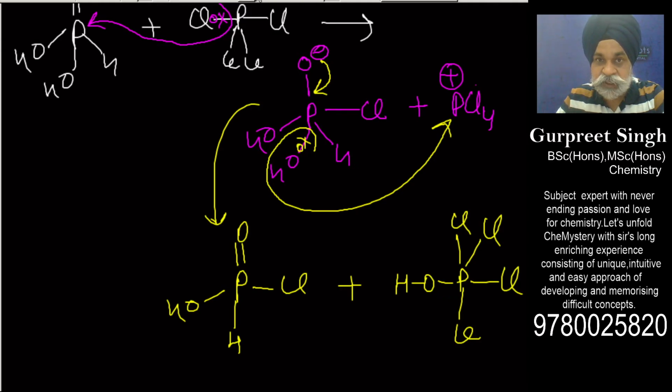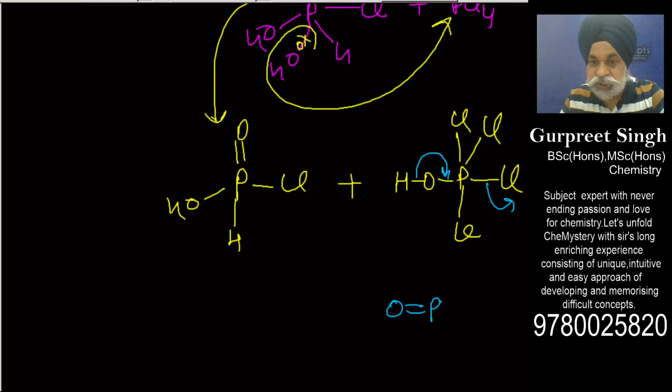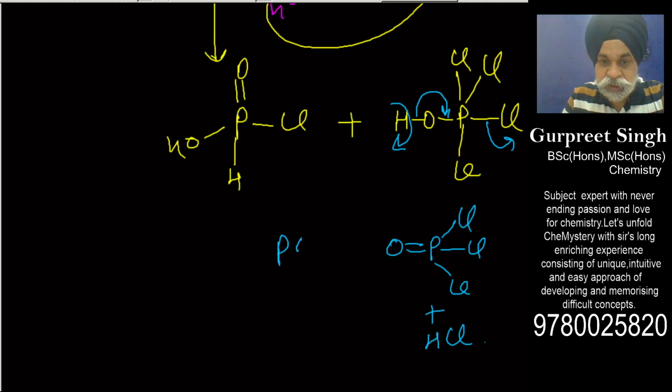Now see what interesting thing you can get here. This can go here and this will throw out Cl. So what you would get here is POCl3 you have made, and along with it the Cl negative has abstracted this H positive, so you would also get HCl. Now similarly, another mole of PCl4 positive would again attack it.